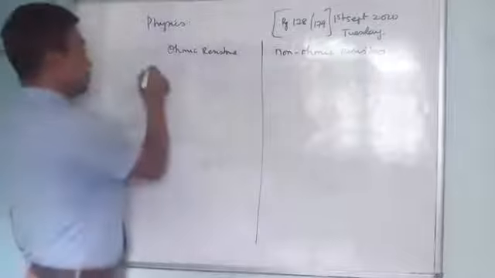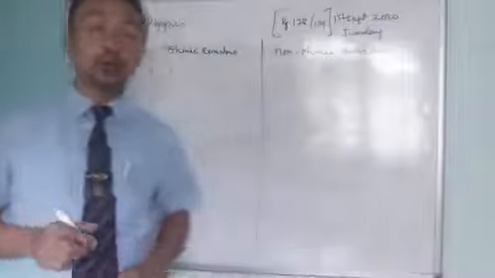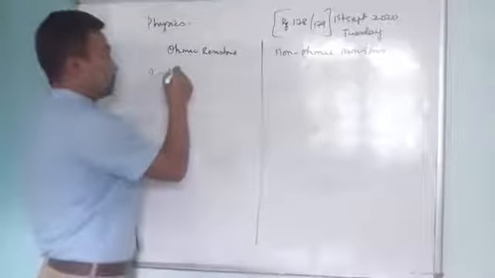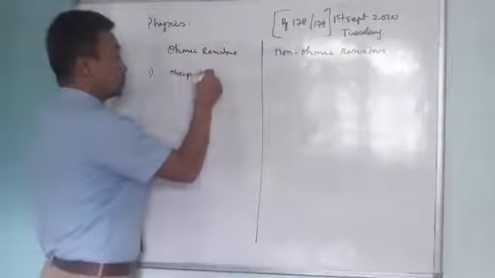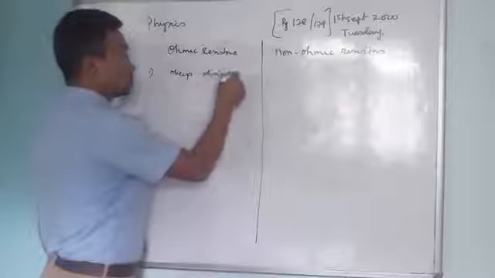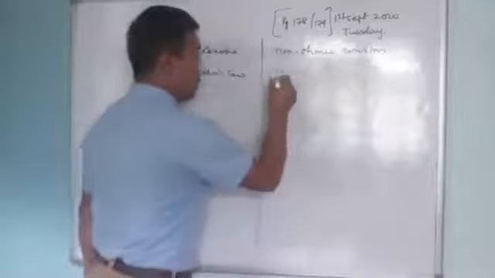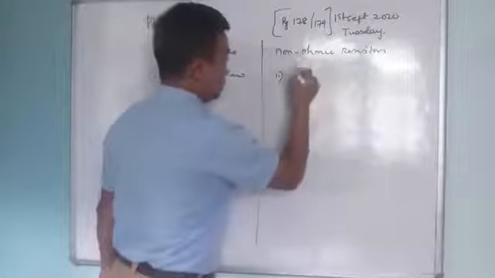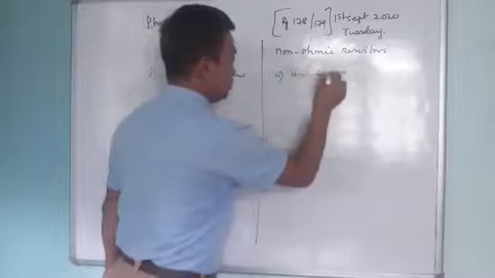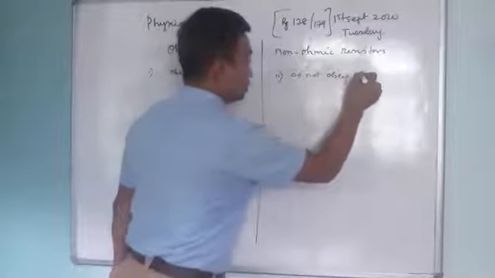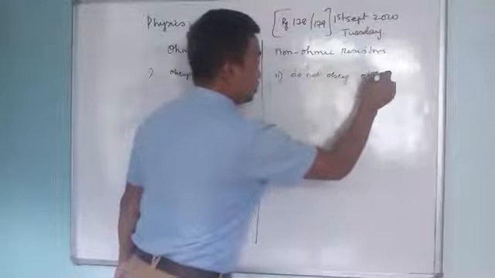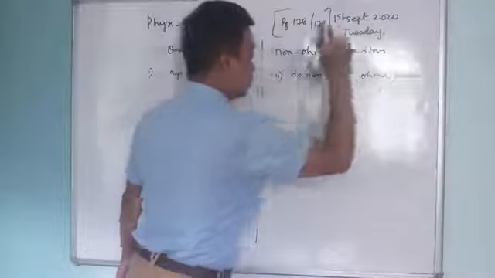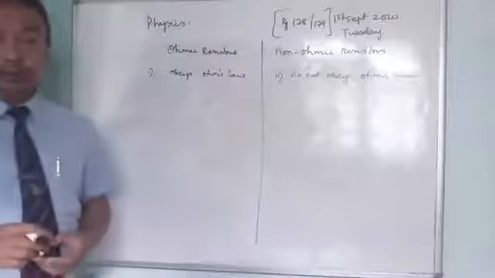For ohmic resistors, the key point is that they obey Ohm's law. Non-ohmic resistors obviously do not obey Ohm's law.